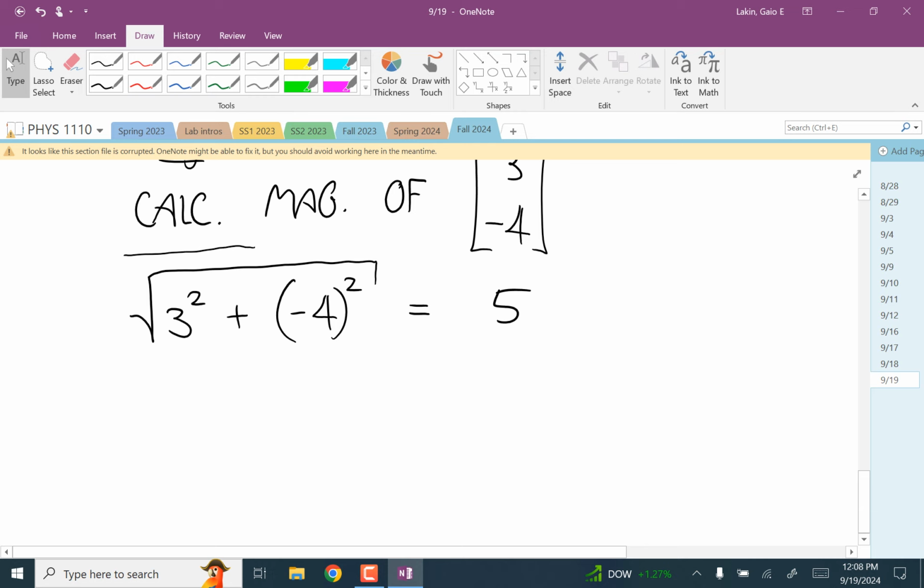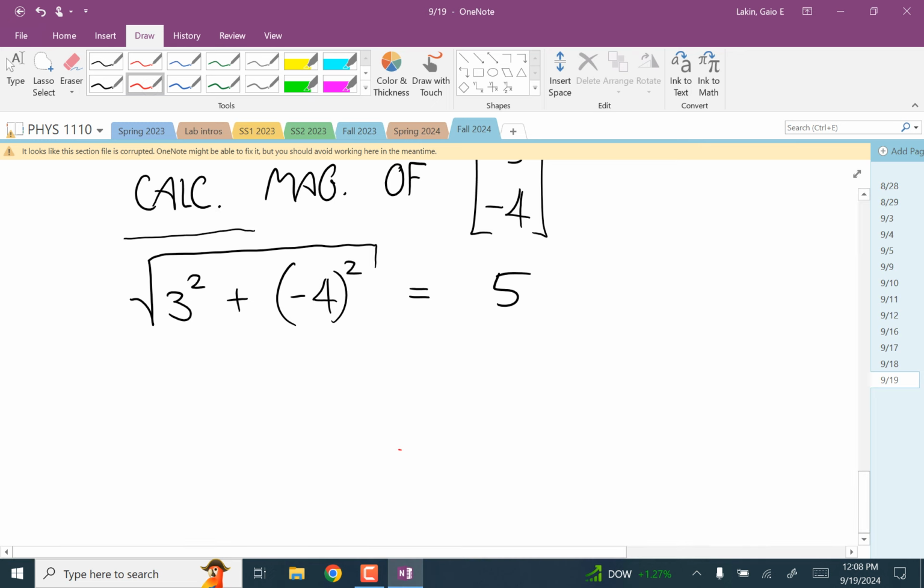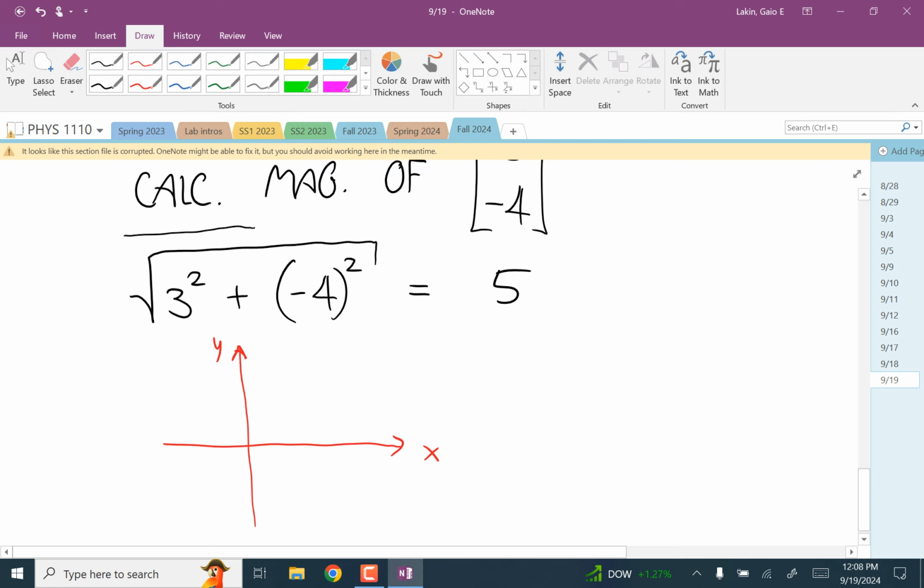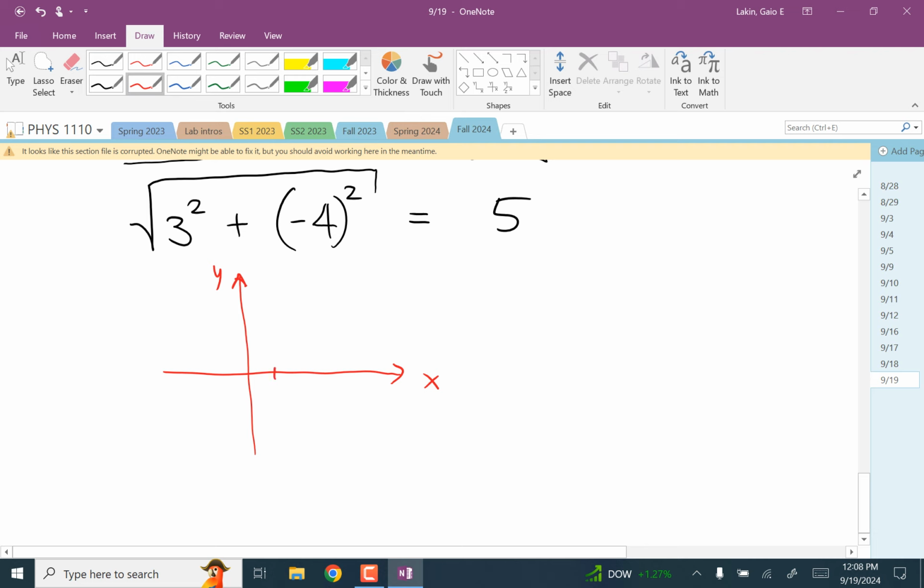And if we sketch this out, you can see why this works. It's just the Pythagorean theorem. If we have a coordinate system like this, and our vector is this.